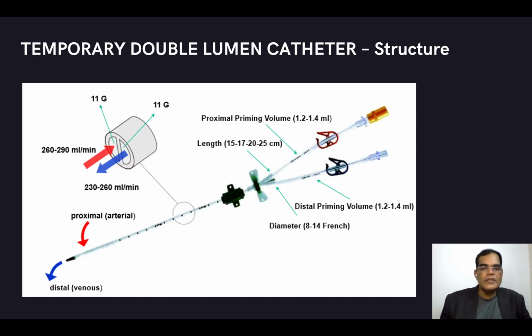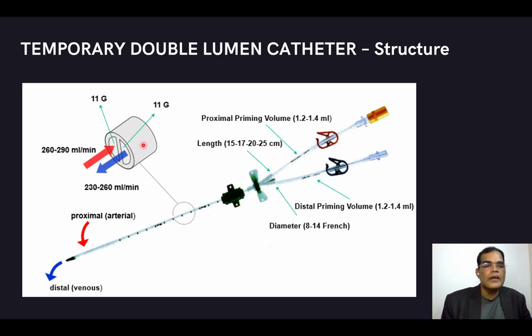And if you see a magnified view of this catheter, you will see the so-called arterial limb and venous limb color coded, and internally it's a single catheter, whereas if you take a cross section of the catheter, you can see the passages of artery and vein separately.